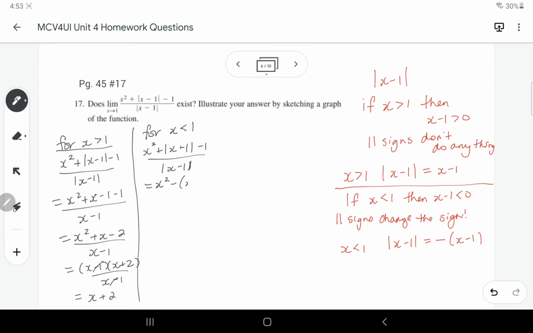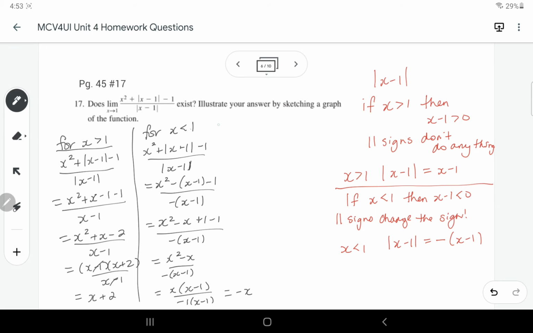So it would be x squared plus negative x minus 1, minus 1, over negative x minus 1. Multiplying that in and collecting like terms, I get x squared minus x plus 1 minus 1 over negative x minus 1. So here I get x squared minus x, and I can common factor an x on top, and I end up getting that that's equal to negative x.